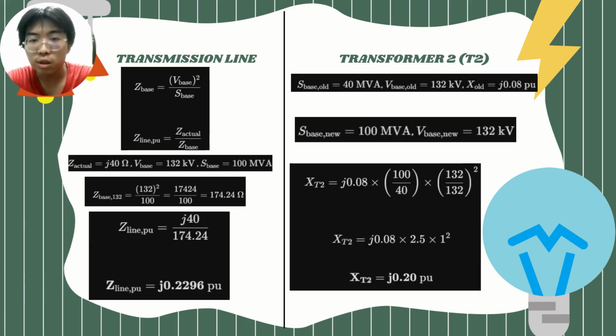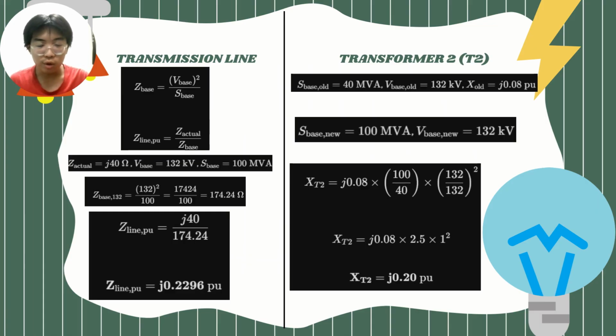For the Z base of the 132, which equals 132 to the power of 2 divided by 100, we get the first answer, Z base 132 equal to 174.24 ohm. And then we can find the Z line per unit, which is j40 divided by 174.24, and we get the Z line per unit, j0.2296 per unit.